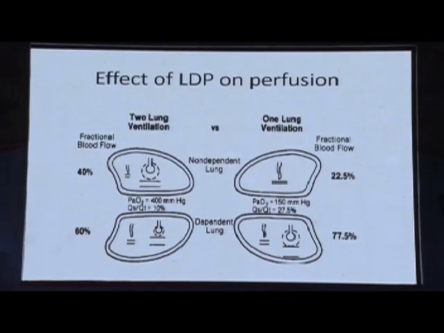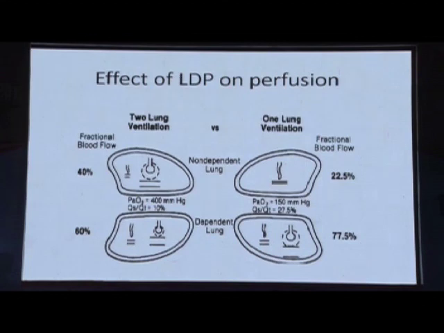So what happens with gravity? As you can see in this picture, the effect of gravity: your dependent lung, let's say this is the right and this is the left lung, usually has 55% flow and this 45%, or this 50 and this 40. Once you have a dependent position, you get about 10% more blood flow to the dependent lung.